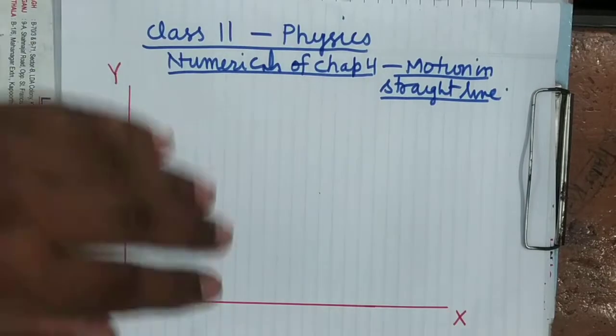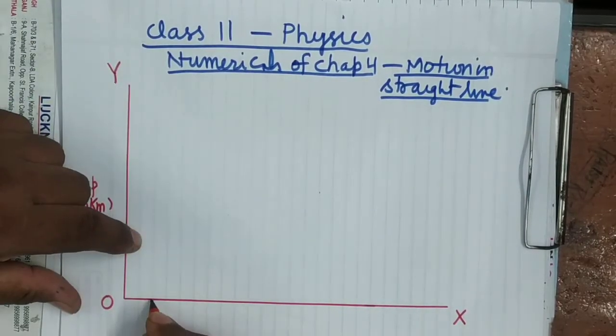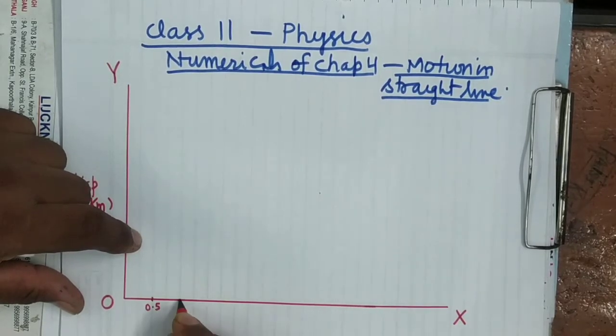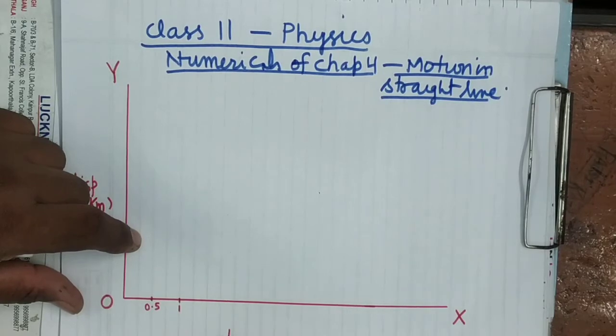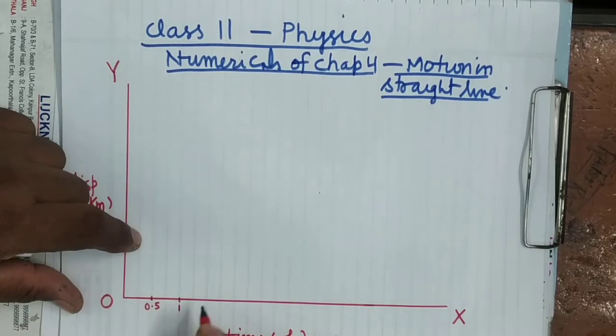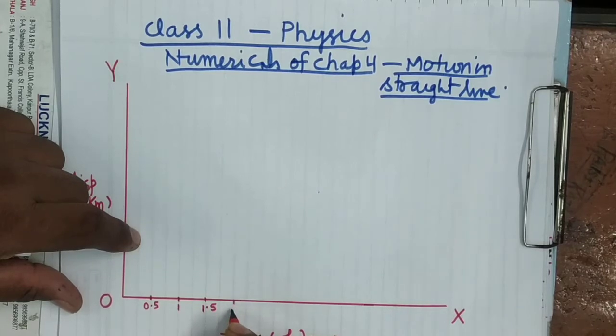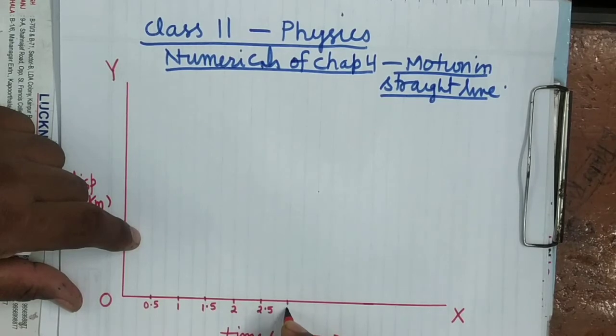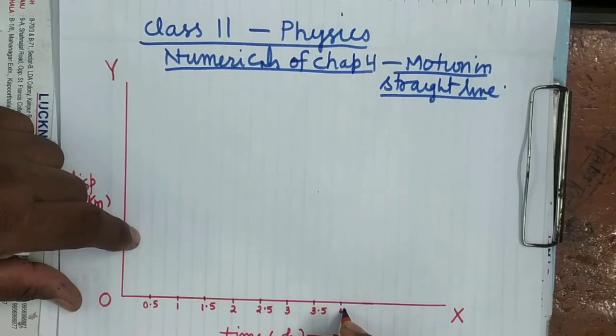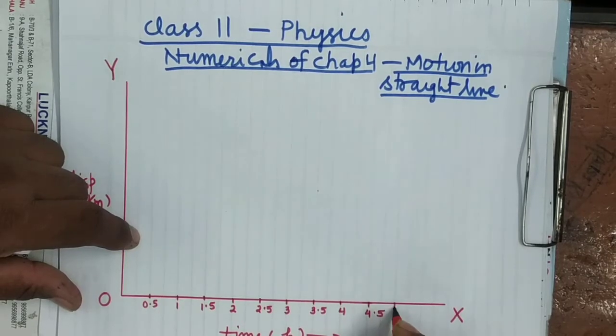Is it clear? So see here, this is 0.5, this is 1. Here on this side time in hour: 1, 1.5, 2, 2.5, 3, 3.5, 4, 4.5, 5.